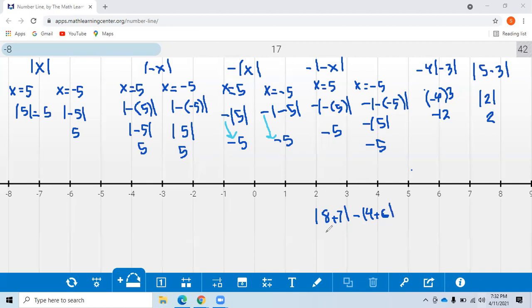Again, I need to simplify what's inside each of my absolute value signs first. So 8 plus 7 is 15. So I have the absolute value of 15 minus the absolute value of 4 plus 6, which is 10.